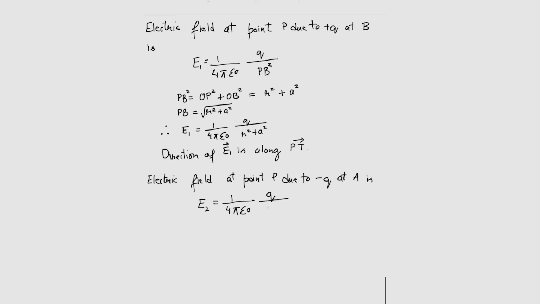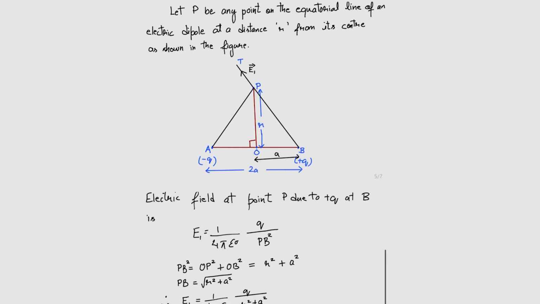That is AP square. Look at this triangle again, in this triangle AOP. You know AP, we can find using the Pythagoras theorem. Hypotenuse square is equal to perpendicular square plus base square. Alright, OP is equal to R, whereas OA, this distance, is equal to A. Okay?